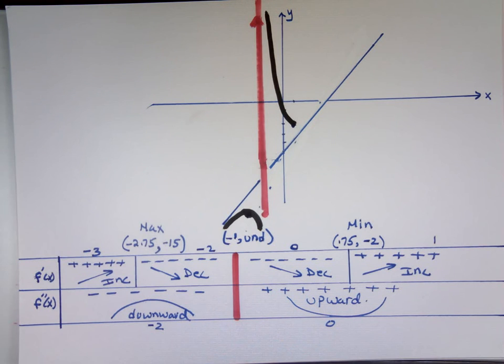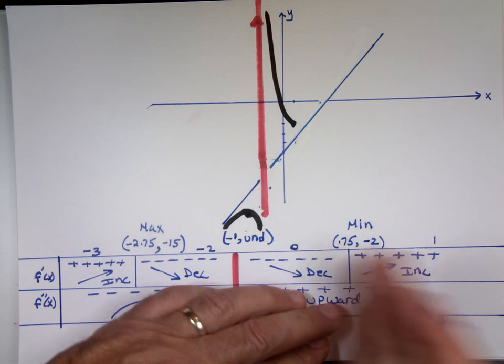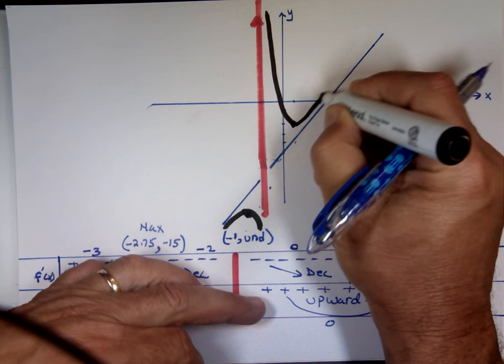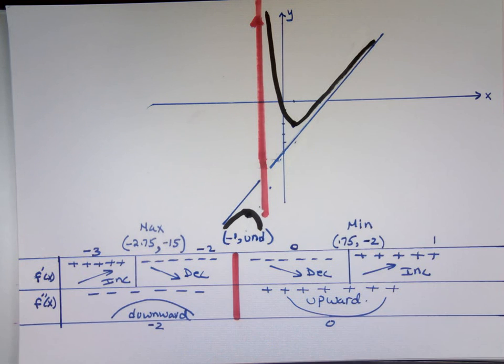And what happens when you hit that point? Increasing, concave which way? Upward. Notice how it approaches that line. It will never go away from that line. You can't cross it. So the vertical asymptotes, they let you know how tight that graph is.